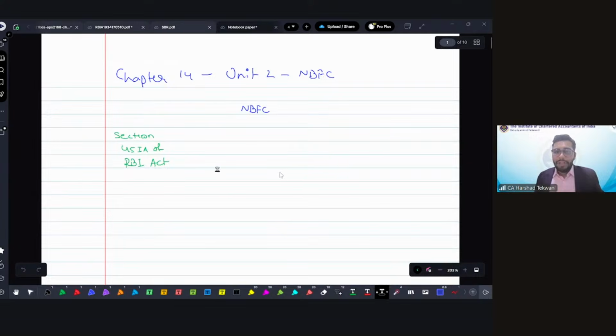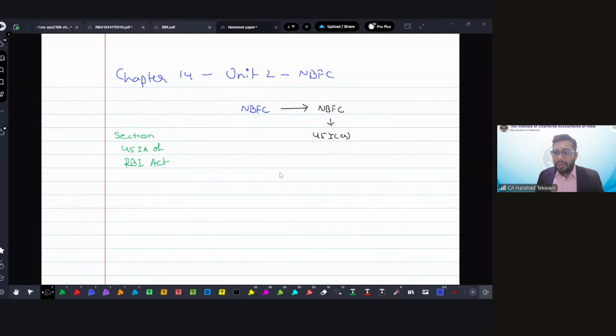So when I talk about the definition of NBFC, it means a non-banking financial company that carries on the business as specified in 45IA. This is for the business.